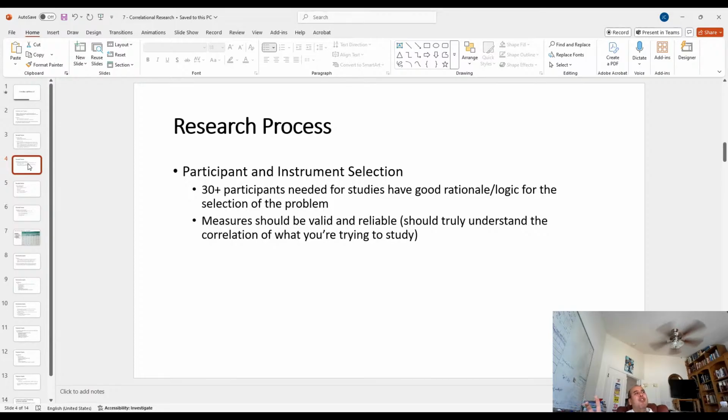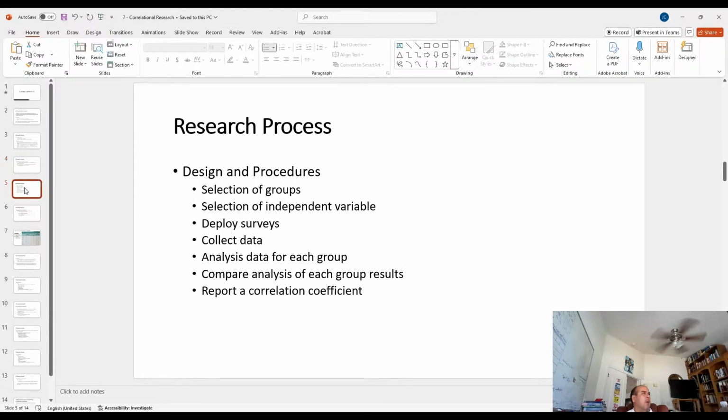And then you also have to measure validity and reliability, which we've talked about in other sessions and we'll continue to talk about, to really truly understand the correlation between these variables. And again, validity and reliability are both important, but just because you have validity doesn't mean you have reliability, and vice versa. Okay. All right.